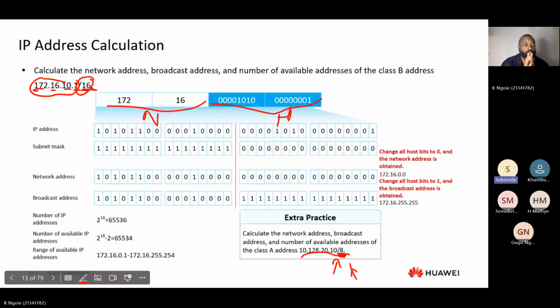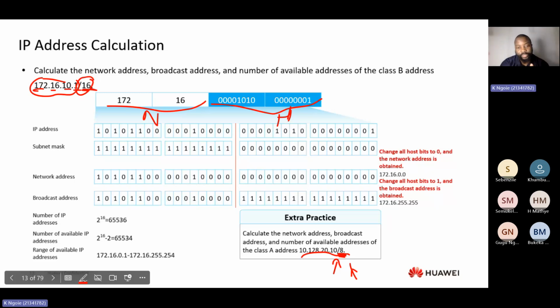I'm still slightly confused. I understand the host and the network, but you're asking if 8 bits are occupied by the network, how many bits will be occupied by the host. Didn't you say before that the numbers just before the slash are the ones occupied by the host?